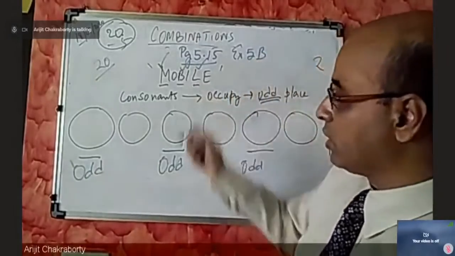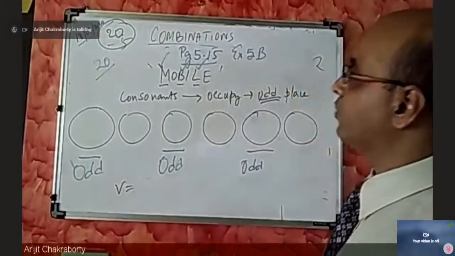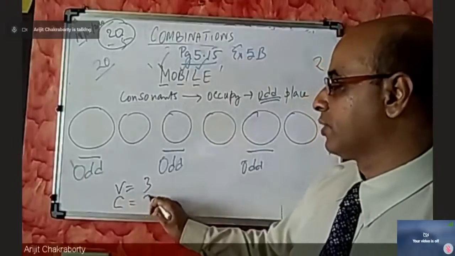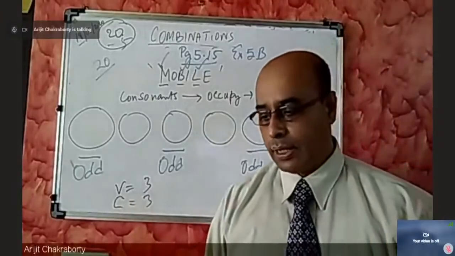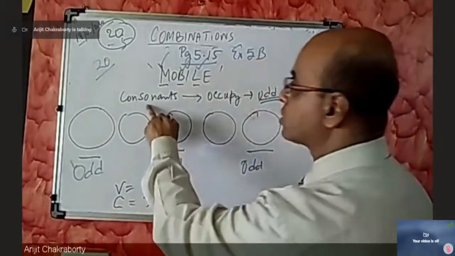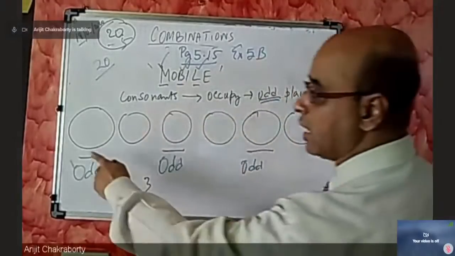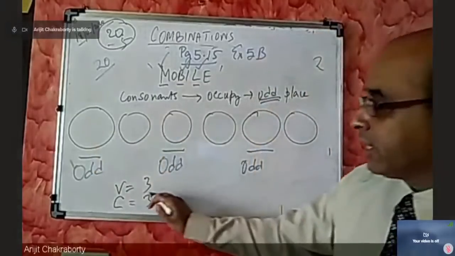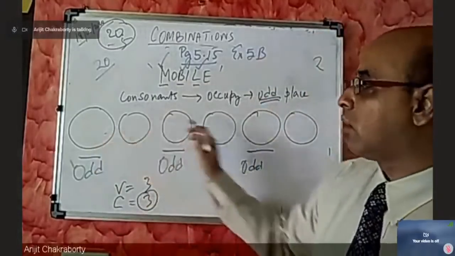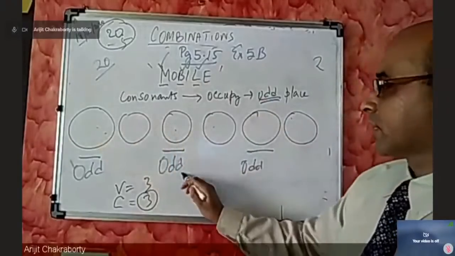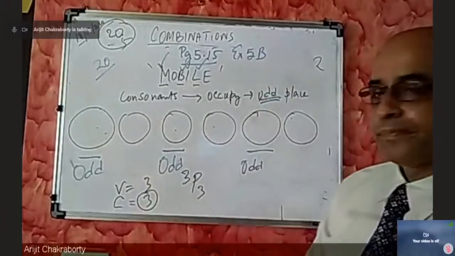How many vowels do we have? 1, 2, 3, and we have 3 consonants. So very simple, we have to place 3 consonants in the odd places. How many odd places do we get here? 1, 2 and 3. So 3 consonants in 3 odd places. So it's a case of 3P3.